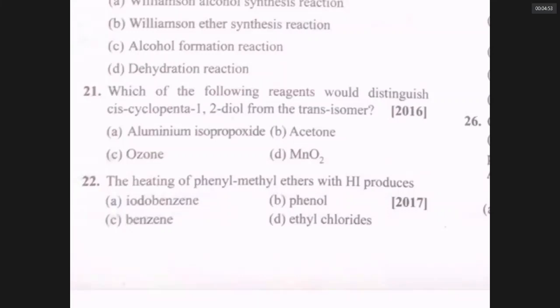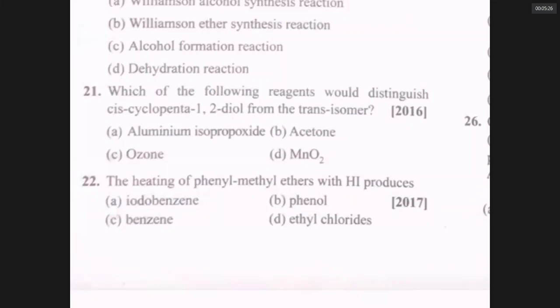I gave you one important rule. In an ether, if there are two different alkyl groups, always iodine goes with simple alkyl group. For example, if you have methyl butyl ether, when that is treated with HI, you will get methyl iodide and butanol. Whenever an ether has one simple carbon chain and one big carbon chain, always simple carbon chain takes iodine.